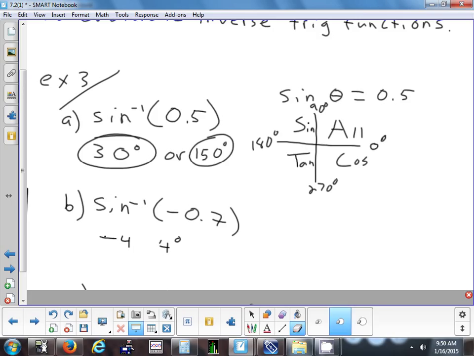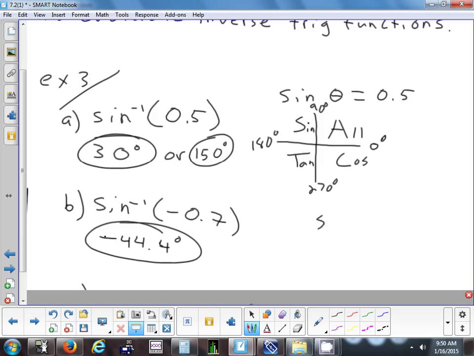Okay, that's one answer. So the way you want to think of this, the sine of what angle is going to give you negative 0.7? Well, we have one answer. The sine of negative 44 will give you negative 0.7.